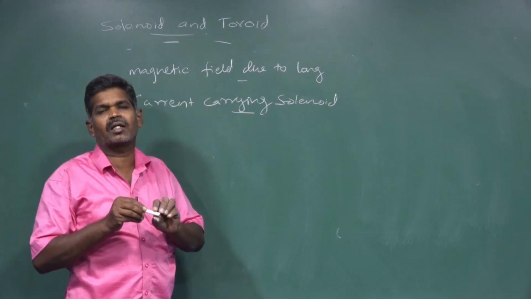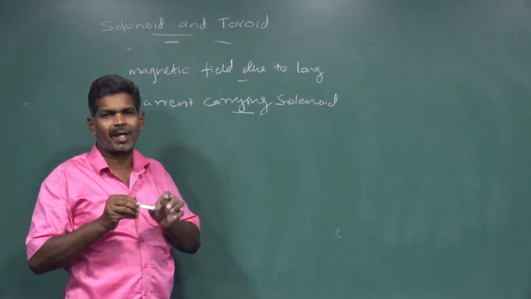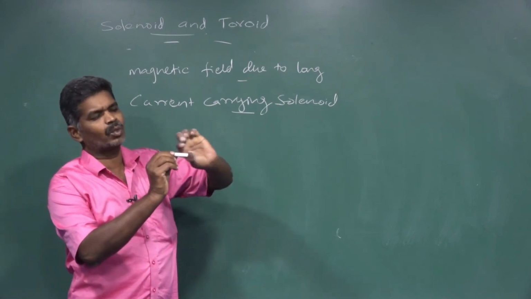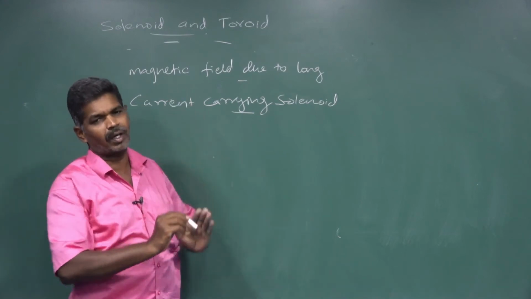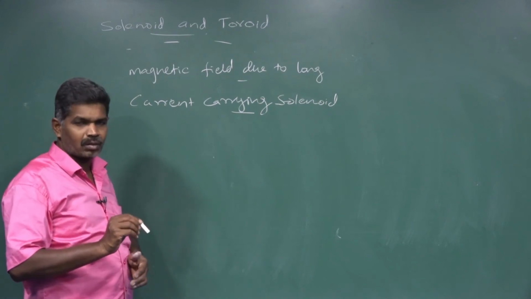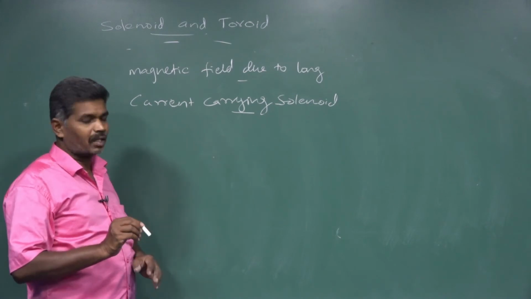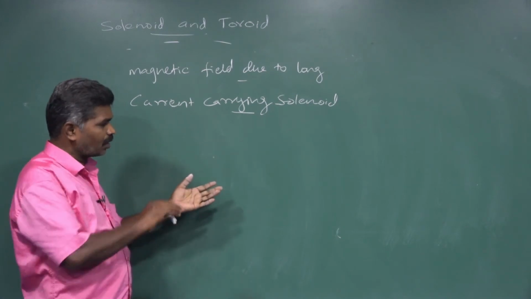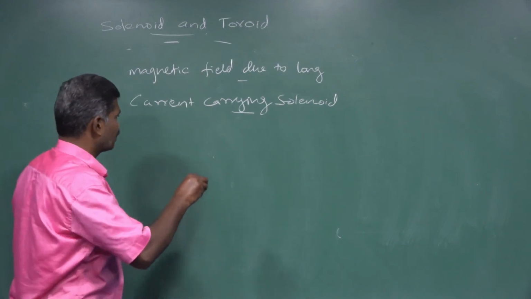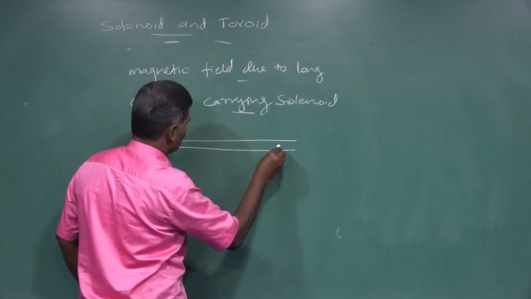Inside that solenoid we are going to determine the magnetic field by using Ampere's Circuital Law. For that, the cylindrical shape solenoid is going to be cut into two parts. One half of the solenoid is inside the plane of our board, and the remaining half is outside. For that we are going to take a diagram of an infinite long solenoid in a cylindrical shape.